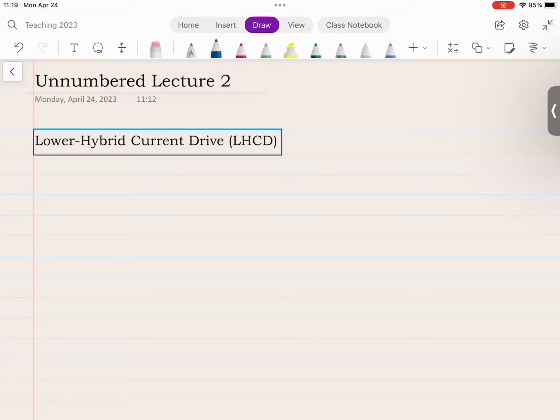The reason is that this piece of the story requires the use of Landau damping, which is a kinetic effect which, strictly speaking, you can derive without using kinetic theory.